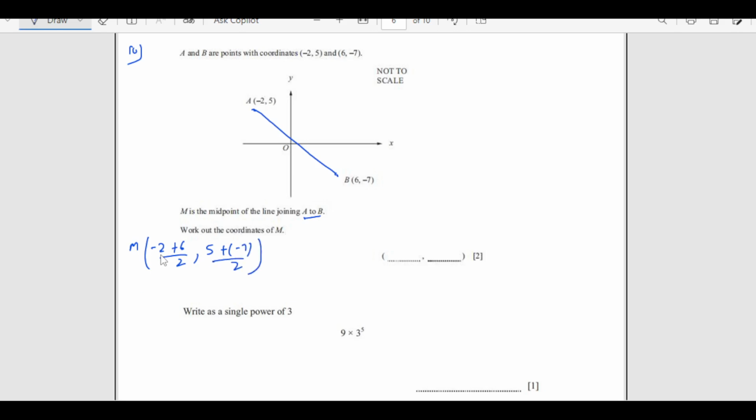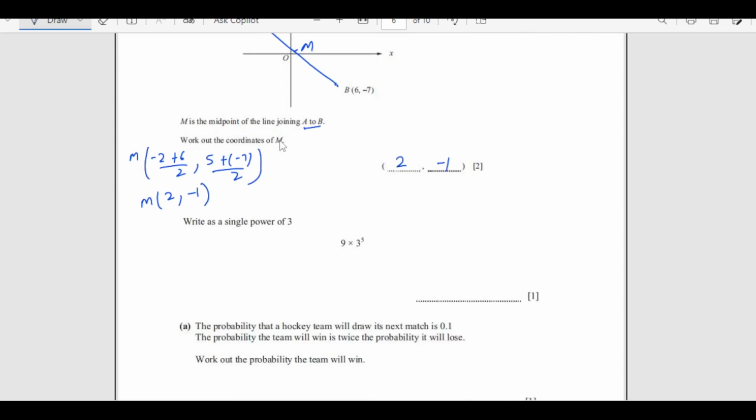So M is going to be 4 over 2, which is 2, and 5 minus 7 is -2 over 2, which is -1. So 2 and -1 are the coordinates of the midpoint, right? Because the midpoint formula is x1 plus x2, adding the x coordinates, and y1 plus y2, adding the y coordinates, and dividing both of them by 2. That will give you the middle value, the midpoint.